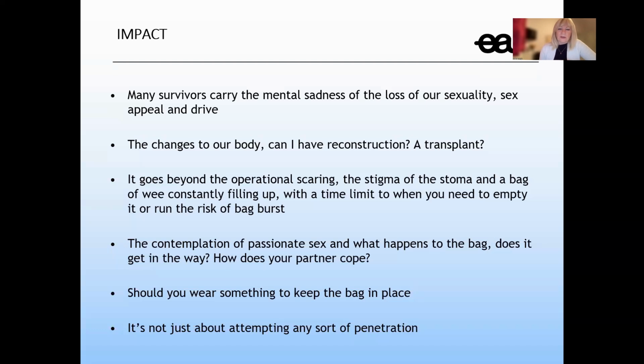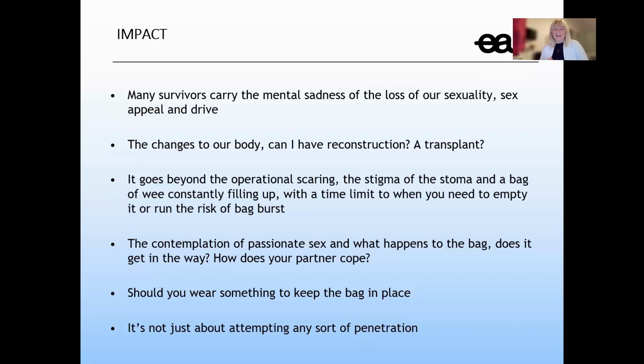But this scarring, this stigma of the stoma, and this bag of wee that's constantly filling up, it has a time limit to when you need to empty it, or you run the risk of a bag burst. So imagine you're embarking on passionate sex. What happens to the bag?